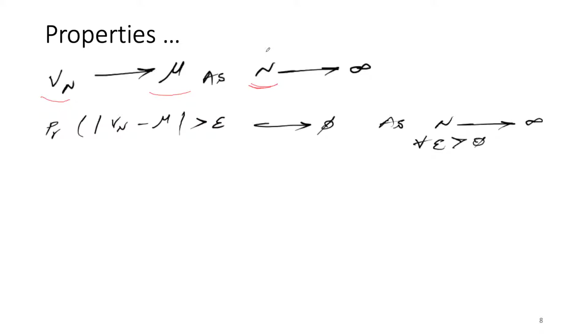Thus, we can define it this way: the probability of the absolute value of Vn minus mu. So this represents E out. This was representing E in, right? So the error associated with estimating training examples, the error associated with estimating test examples.